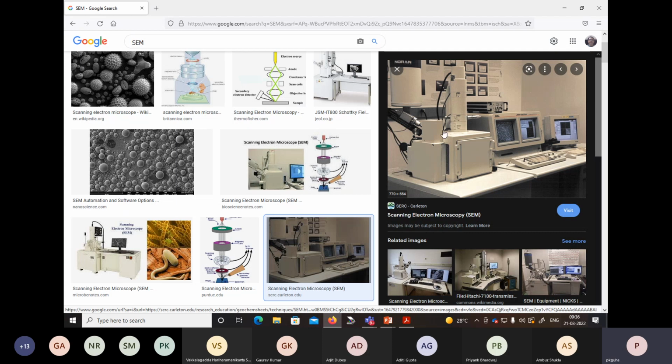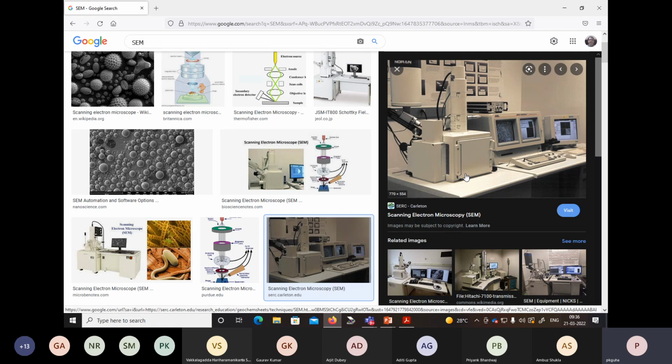This column needs to be in high vacuum, otherwise the electrons will not be able to reach the sample.